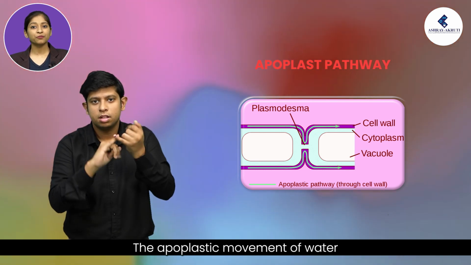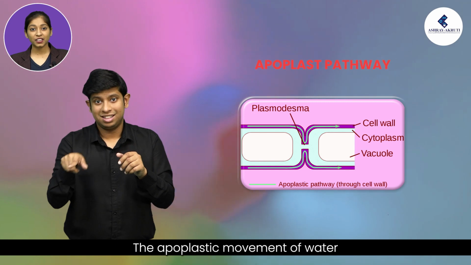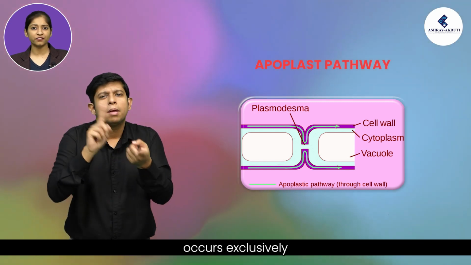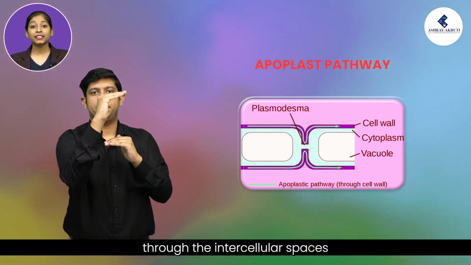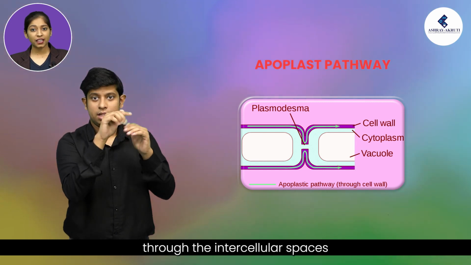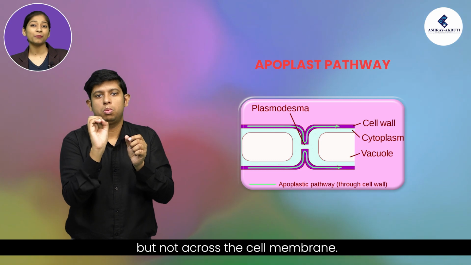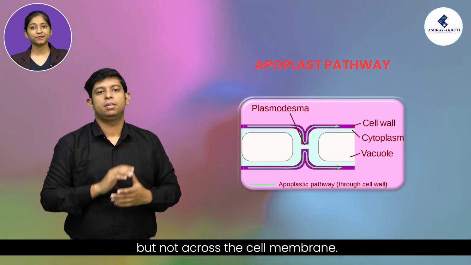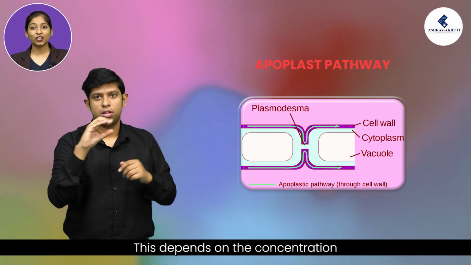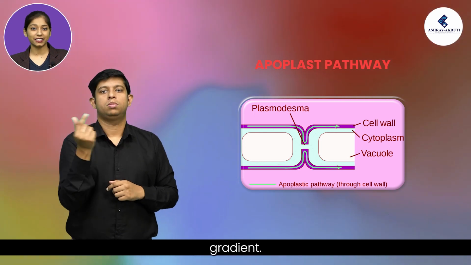The apoplastic movement of water occurs exclusively through the intercellular spaces and the walls of the cells, but not across the cell membrane. This depends on the concentration gradient.